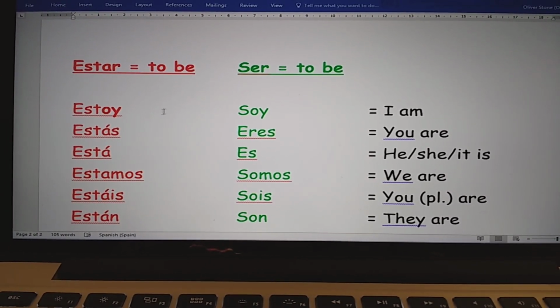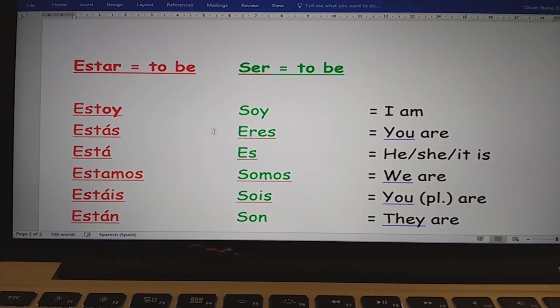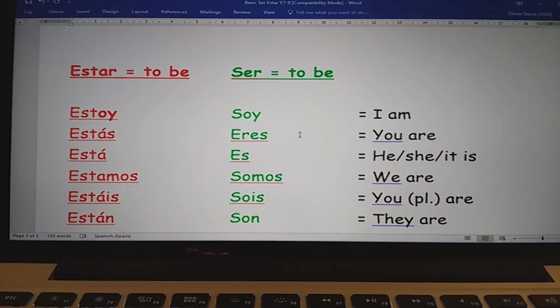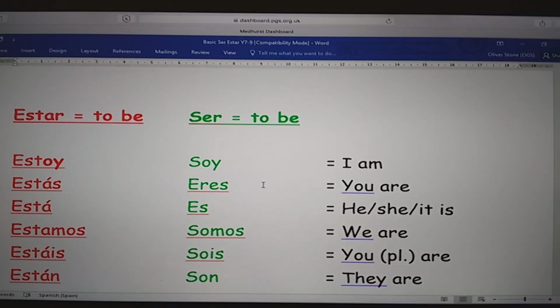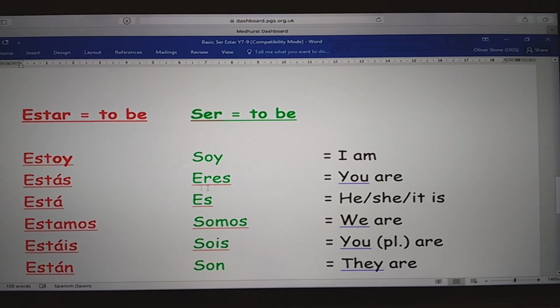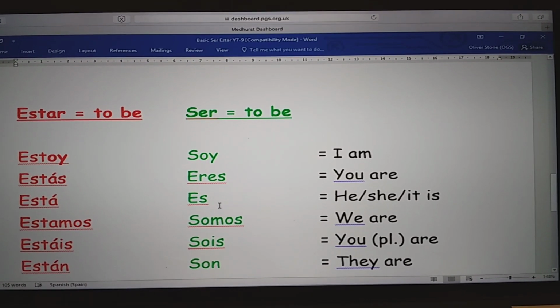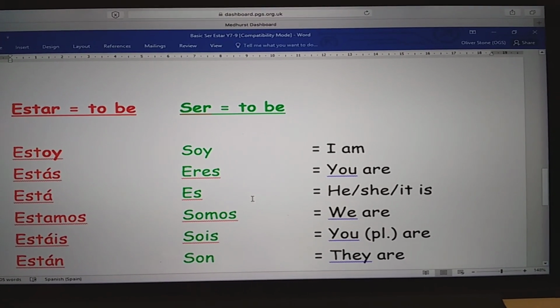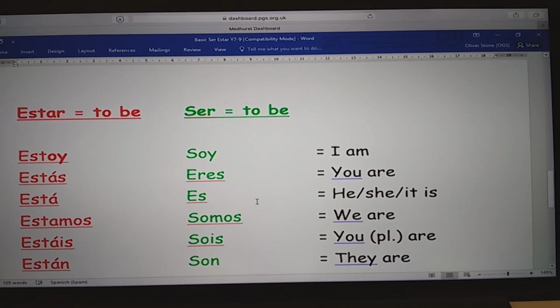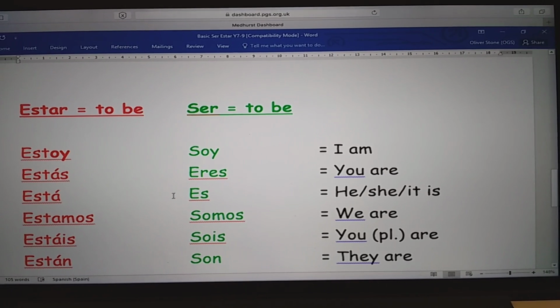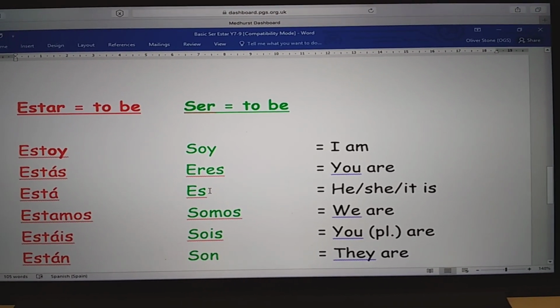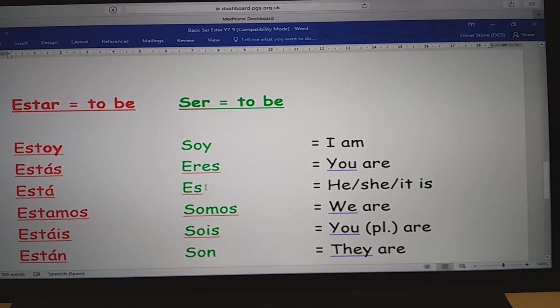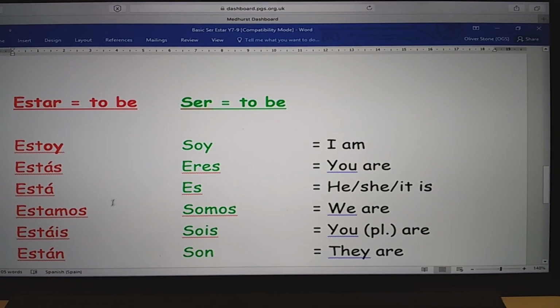Okay? Estás or eres both mean you are in the singular. Okay? Está or es means he, she, or it. It's important as well. Is. Okay? So está en la costa. Okay? Es inteligente or es bonito. Okay? Alright.